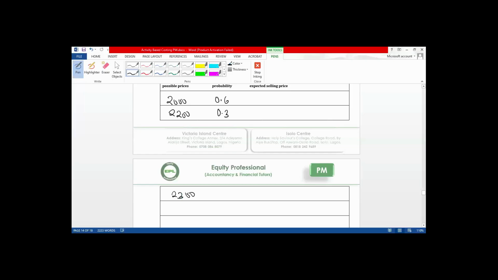Possible prices for alpha. Probability here 0.1. Now to get expected selling price, price here multiplied by the corresponding probability. 2,000 multiplied by 0.6. Please multiply.